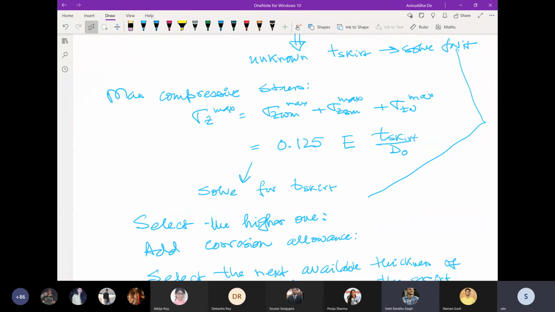No, in fact, we are neglecting the weight of the skirt, because if you really calculate the weight of the full vessel with the shell as well as the heads, the skirt weight really comes out to be very negligibly small. You do not know the thickness a priori. So if you really include the skirt weight in the dead weight calculation, then it will be an iterative calculation.